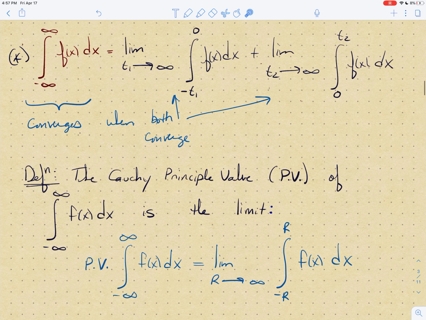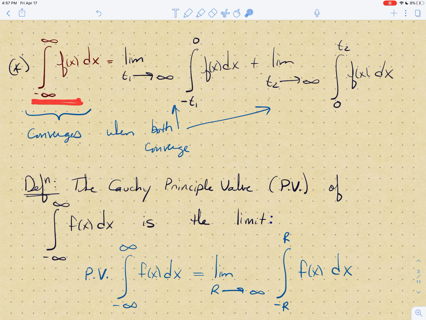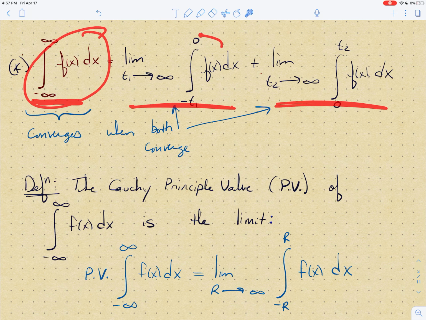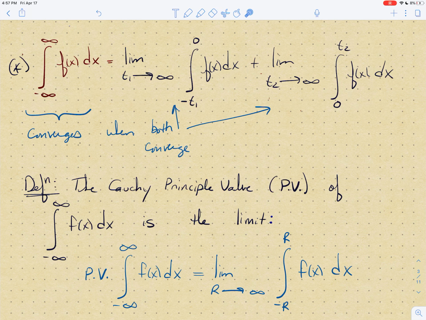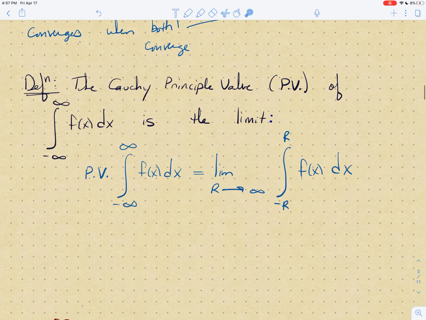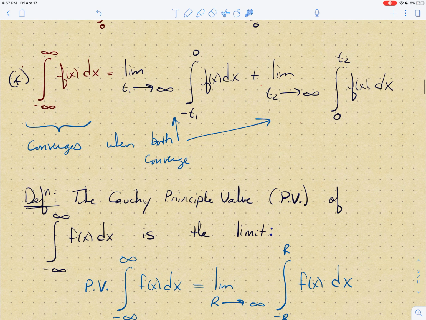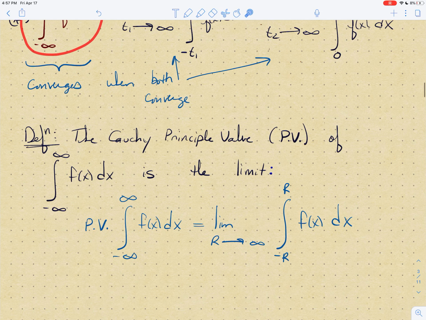So let me say it again. If this integral converges, then this guy converges, and this guy converges, and this integral is the sum of this one plus this one. When that happens, when this converges, it is equal to its Cauchy principal value. In other words, when this converges, then this and this are the same.